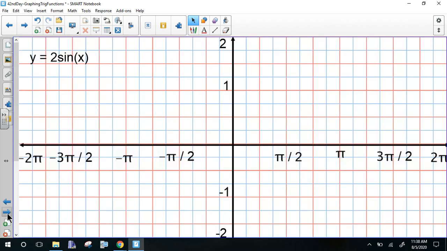So let's see what happens when we put a 2 in front of the sine. I'm going to draw y equals sine of x. And I'm going to draw that as a dashed line so you can see what happens.